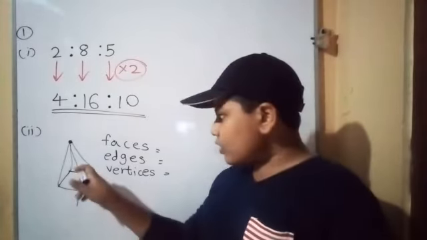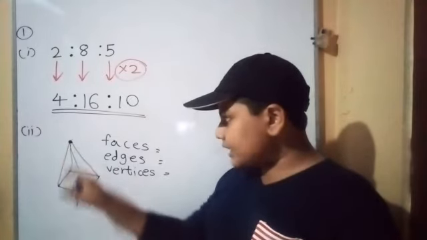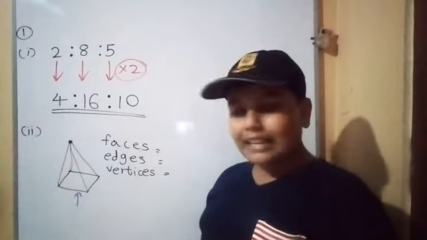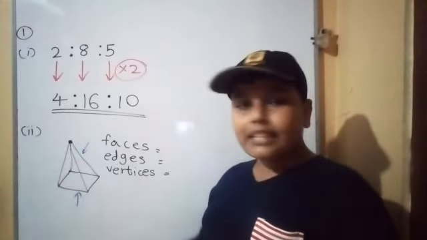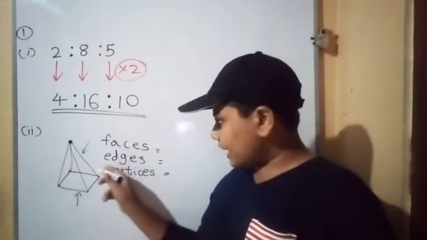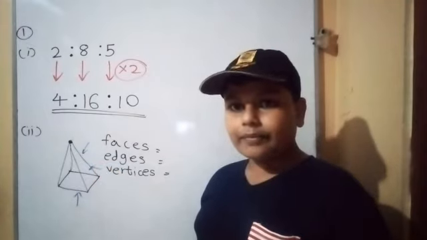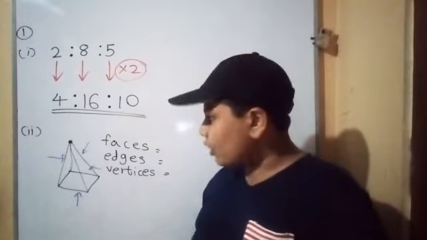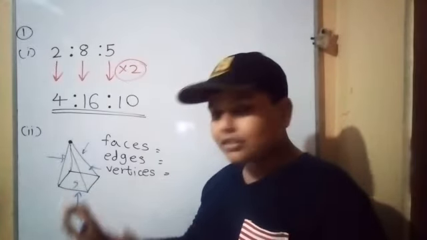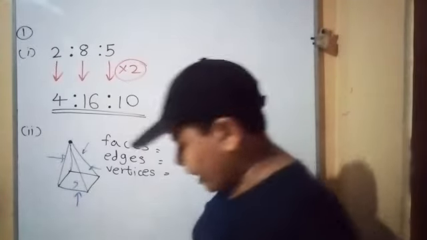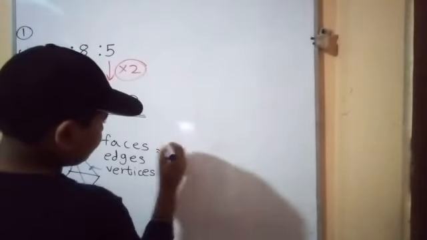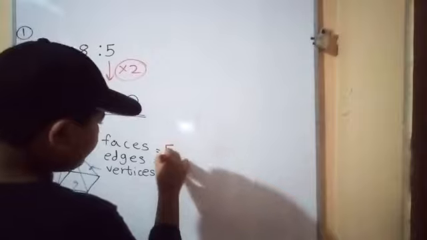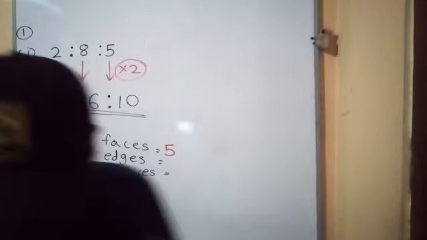Then there are the triangular faces from the lines you joined: the front has 1, the back side has 2, the right side has 3, and the left hand side has 4. So 4 triangles and the square base: that means 5 faces.